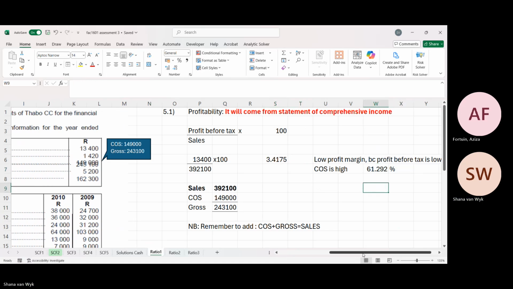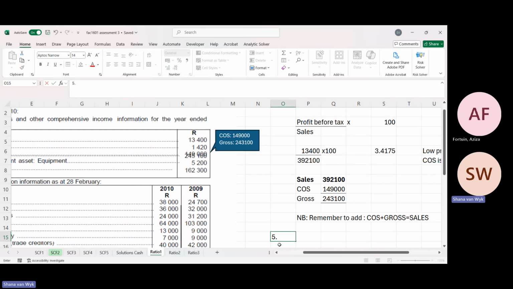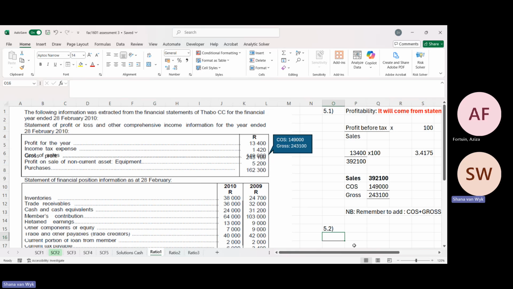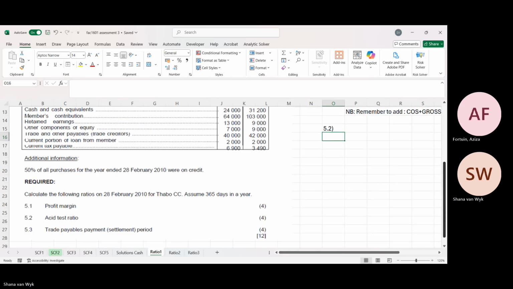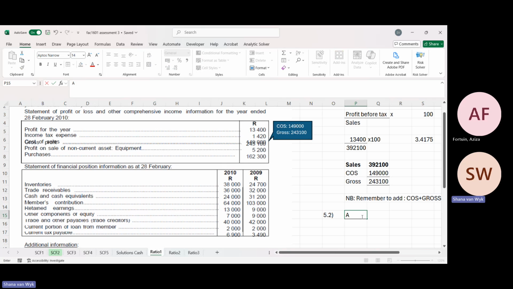Cool. Nice. Okay. Next question, 5.2. Asset test ratio. Just quickly check my notes. This is under liquidity.